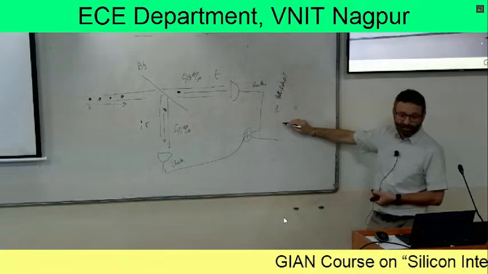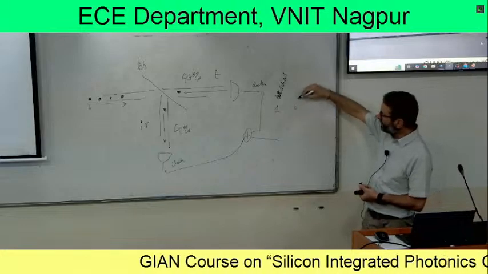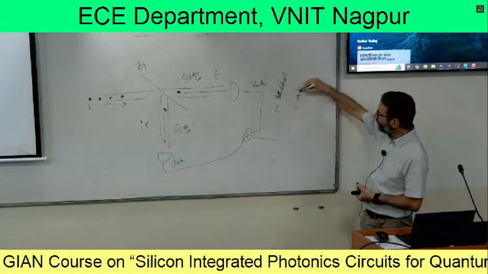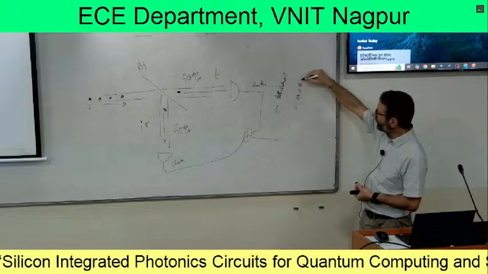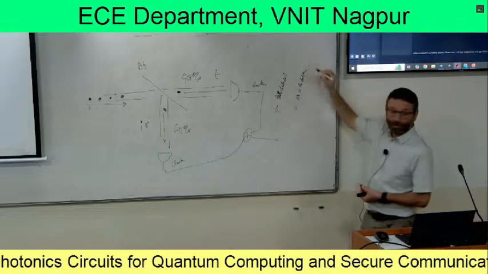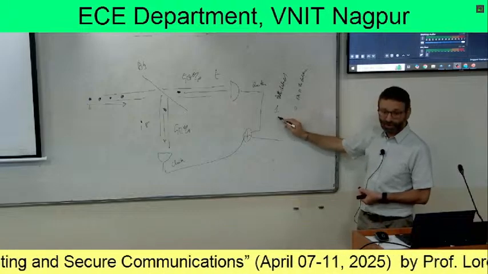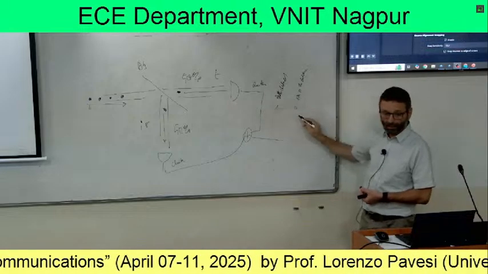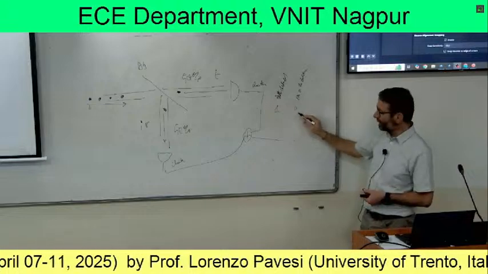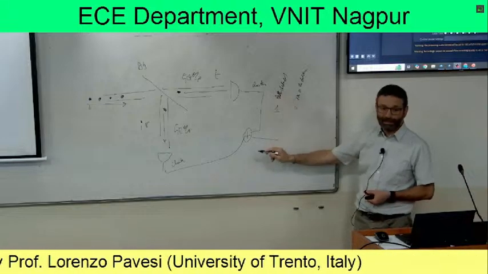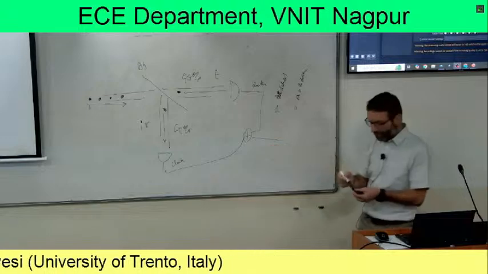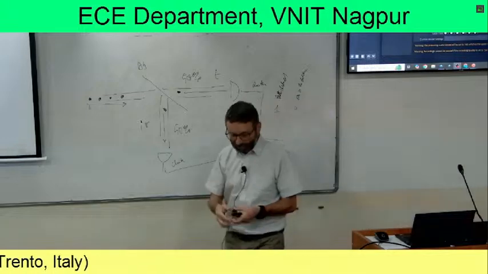We get 1 if both clicked, or we get 0 if one or the other clicked. Okay? Is it clear? So this is the correlation. We have a strong correlation if both are clicking, or we get only a 0 correlation if one or the other clicked.